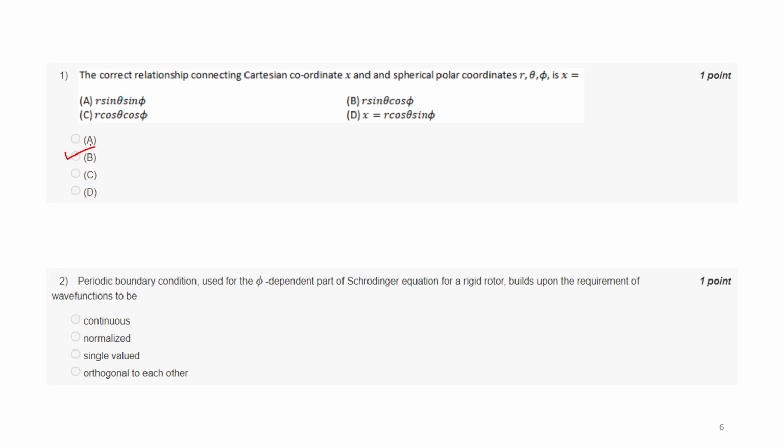Now for our practice purpose, let us write all the relationships here, so that we may require them in the upcoming slides.